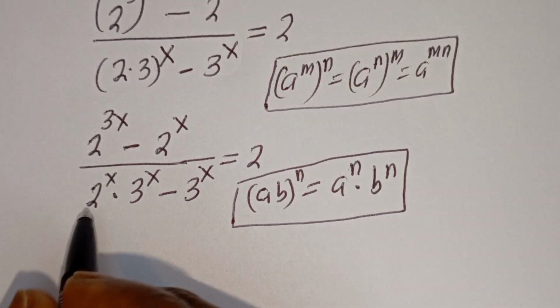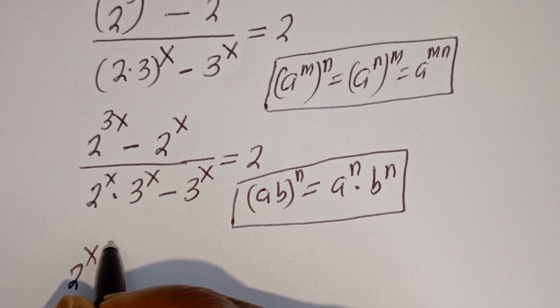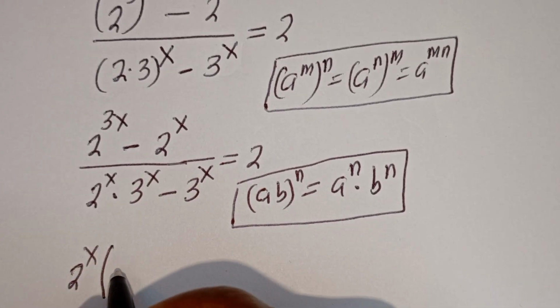Then this can be written as 2^(3x) is 2^x bracket.